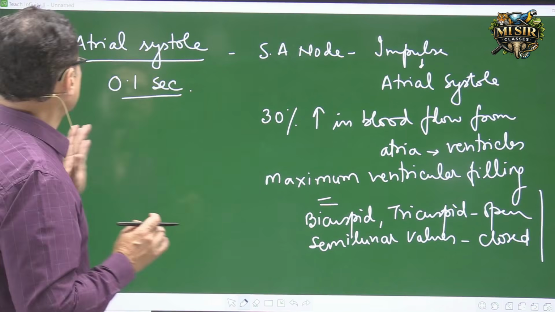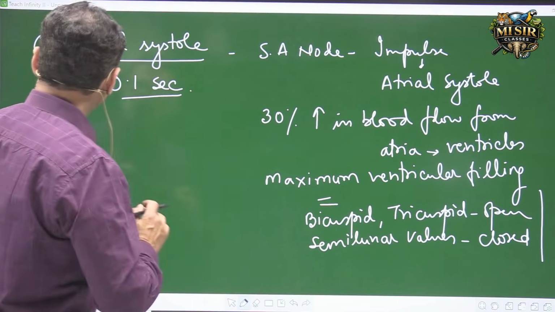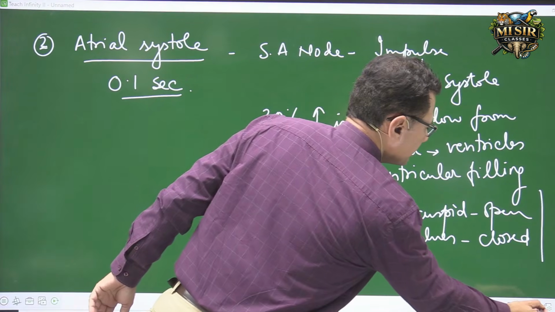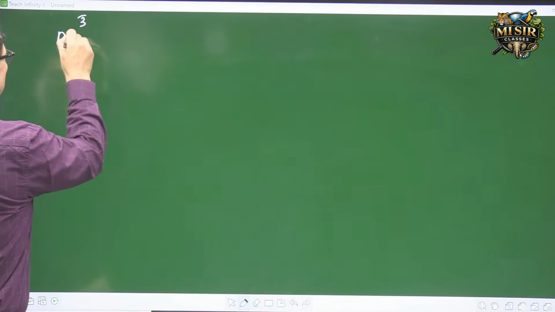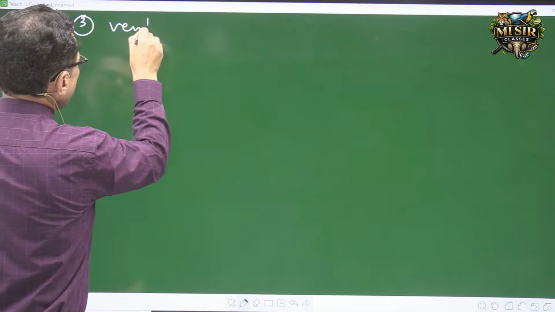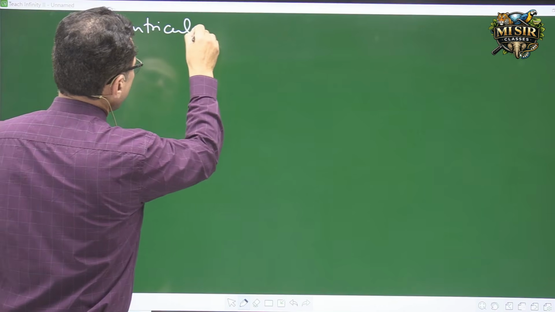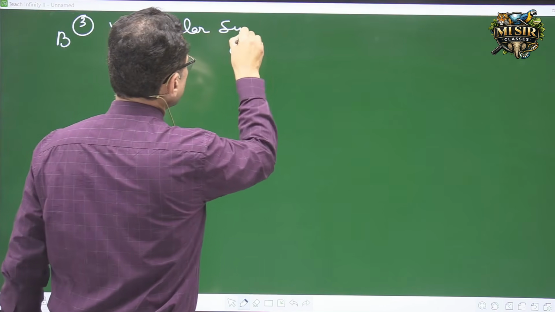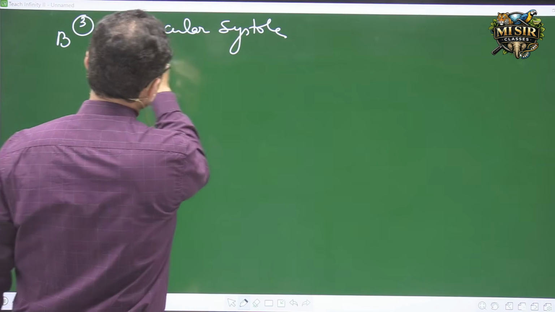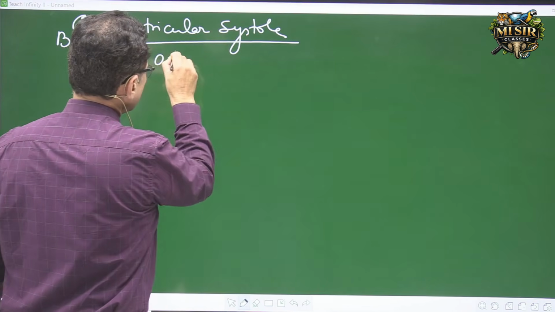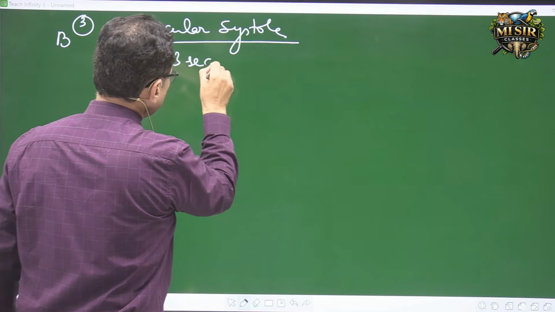Now, I am writing the third part, that is ventricular systole. It is of 0.3 second duration.